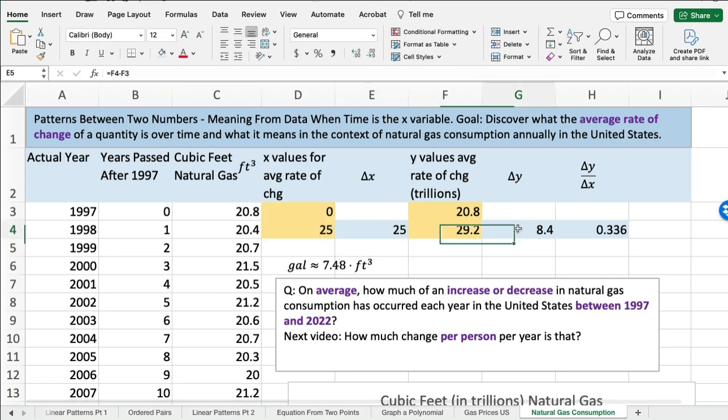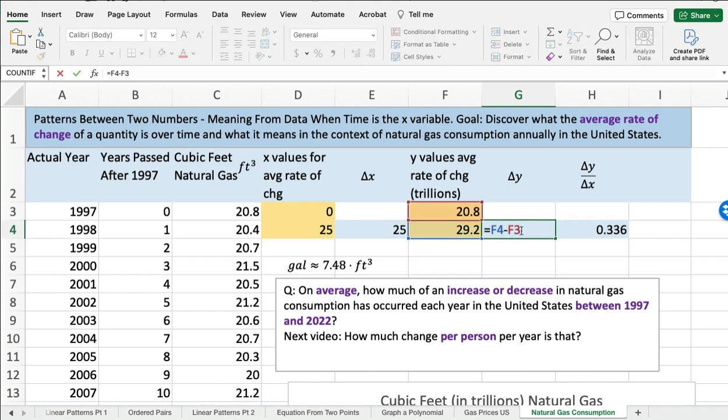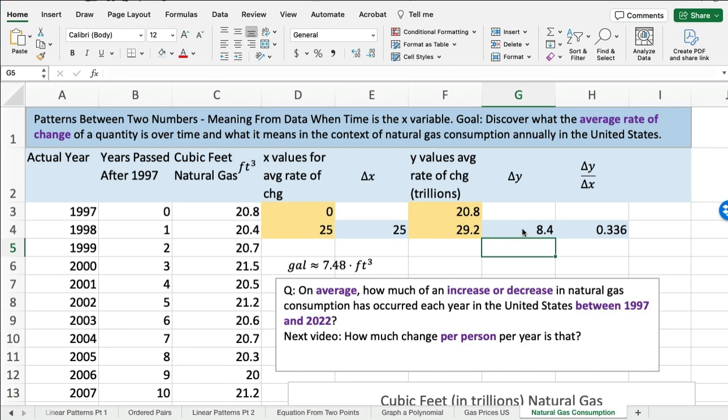And then over here under the delta y entry, we have equals F4 minus F3. You'll notice that we did the same thing. We started with the y value on the bottom and we subtracted the y value on the top, regardless of whether they were bigger or smaller. It doesn't matter. You want to do it in that order. It just happened to be a positive number.